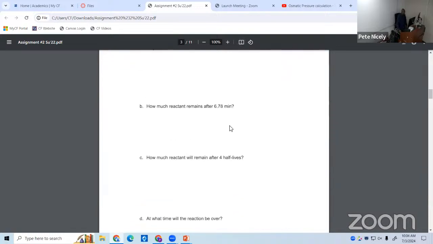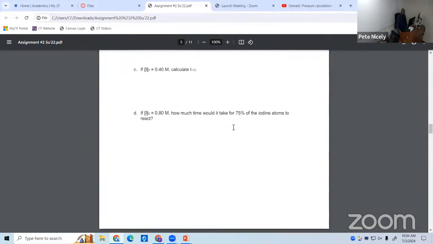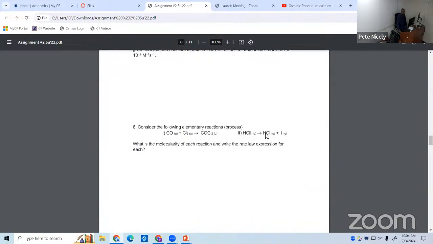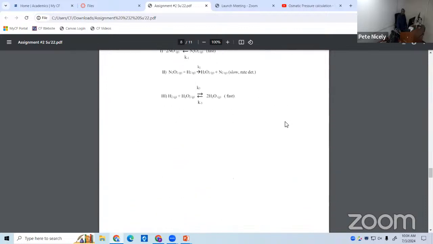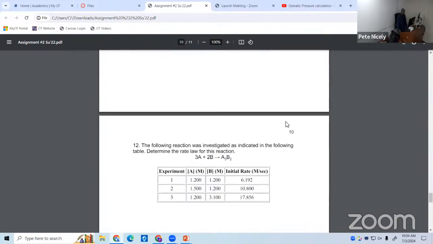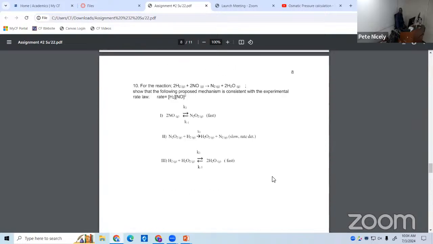For number 4, number 5, number 6, number 7, number 8, number 9, 10, 11. Well, we did 12 already, right? 12 was a rate law question. 12 and 13, I think. Yeah. Right, so just a matter of the others that we have not done.